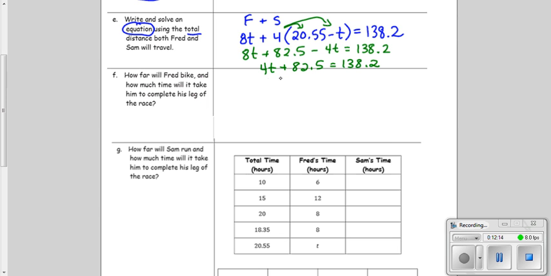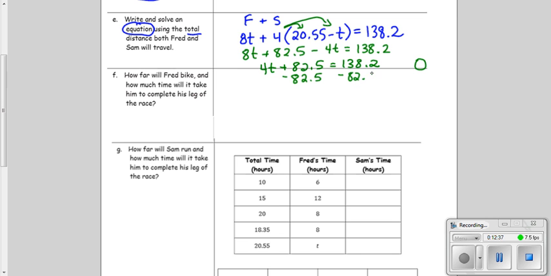So we're done with PEMDAS. Now we'll use PEMDAS-O, and the O stands for opposite, and now we'll go in the opposite direction of PEMDAS to solve for t. In the opposite direction, we undo addition and subtraction first. So we'll undo this addition, subtracting 82.5 from both sides of the equation.